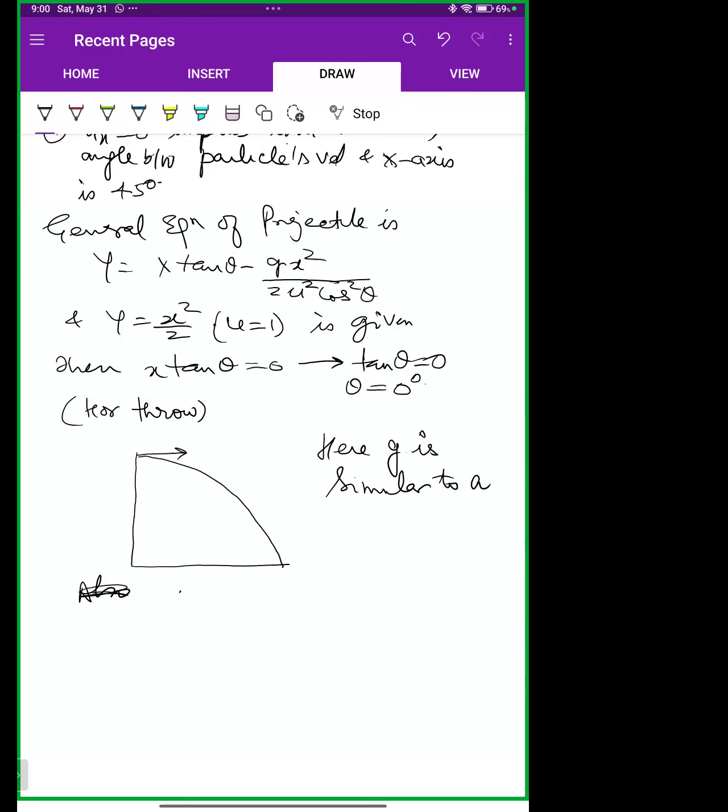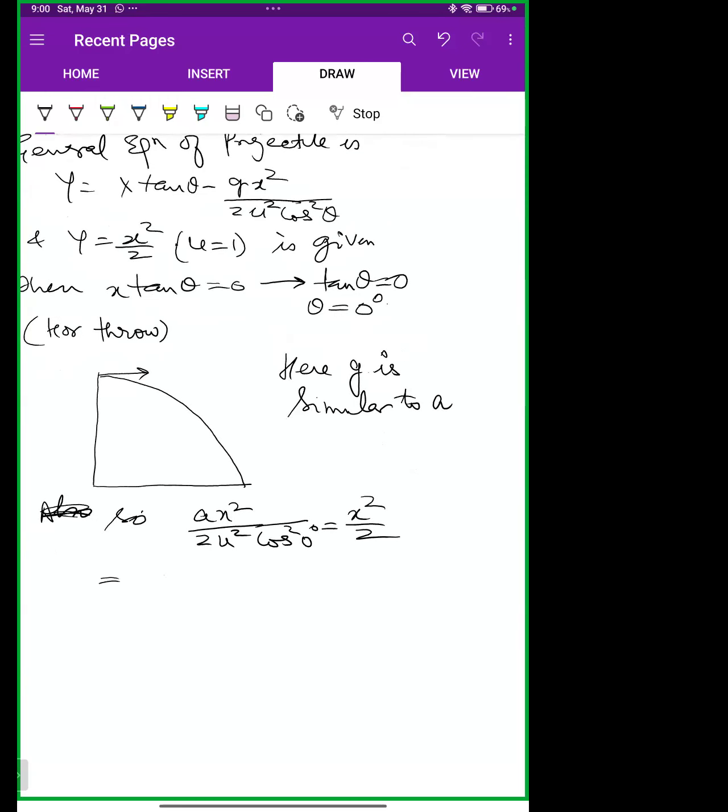So a x square upon 2u square cos square 0 degree is equal to x square by 2. U is 1, so x square is gone, 2 is also gone, u is 1. So a is equal to 1. Yes, magnitude of acceleration.